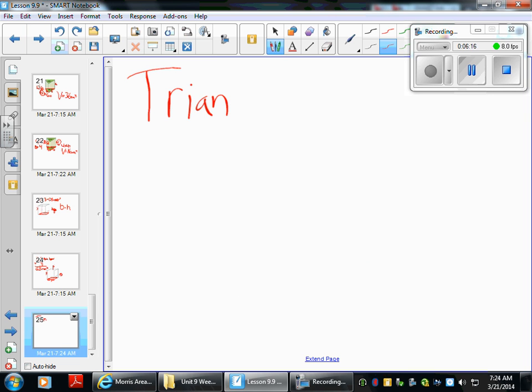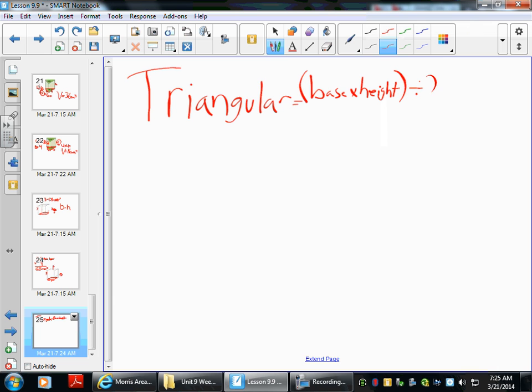Step 1: base times height divided by 2 is the area of the base.